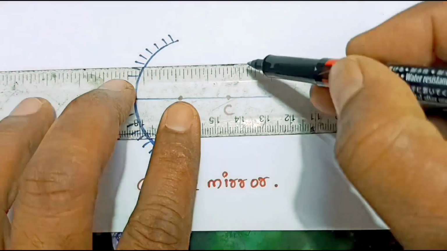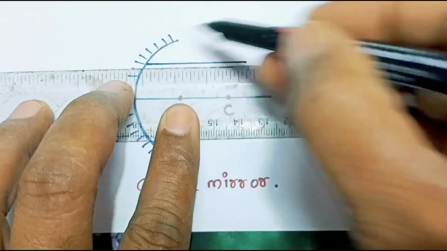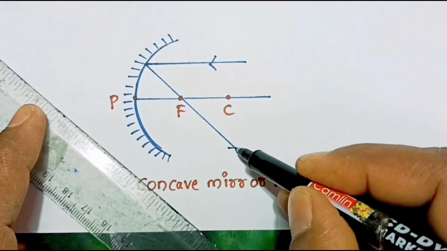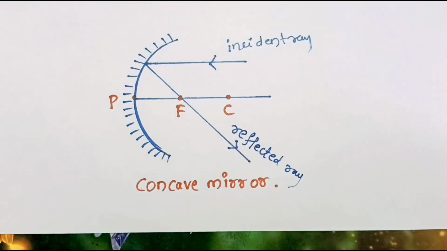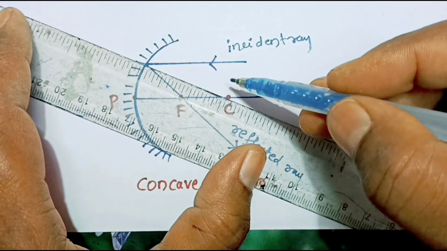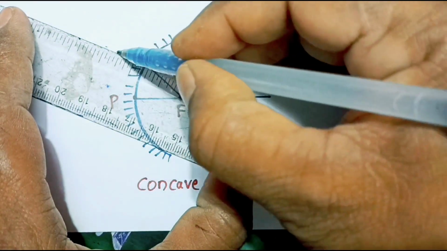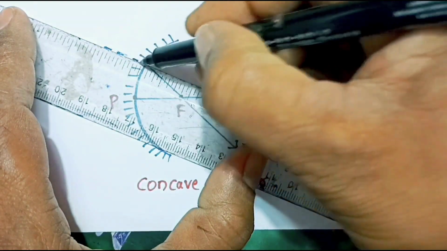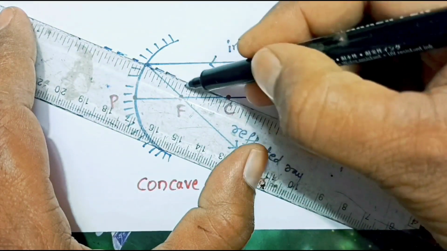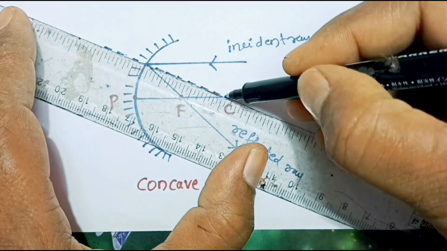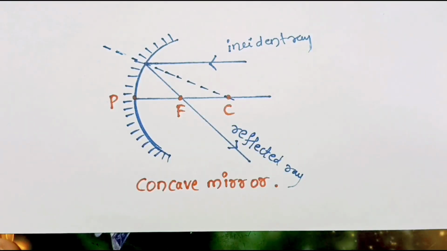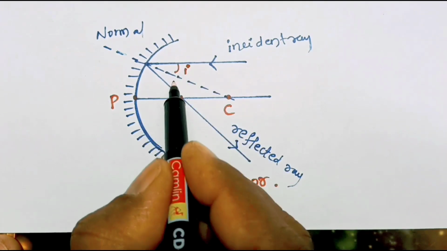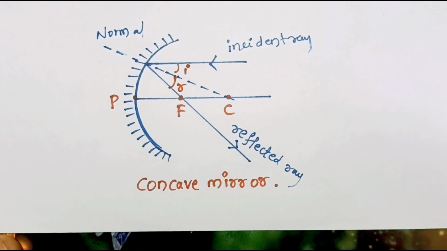Draw the incident ray and reflected ray. Draw the normal from the center of curvature to the point of incidence. Two angles are formed, the angle of incidence and the angle of reflection.